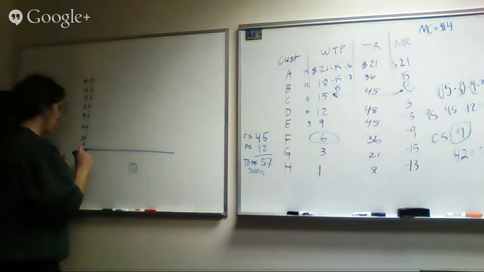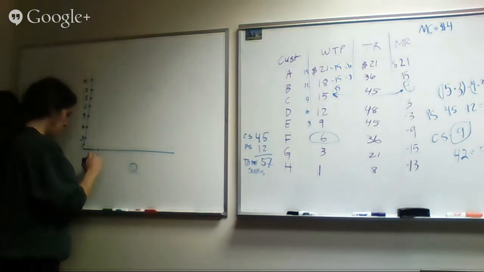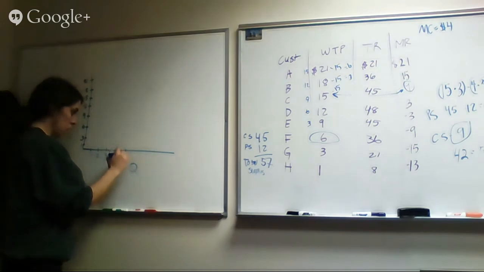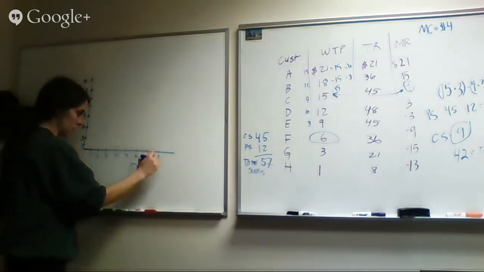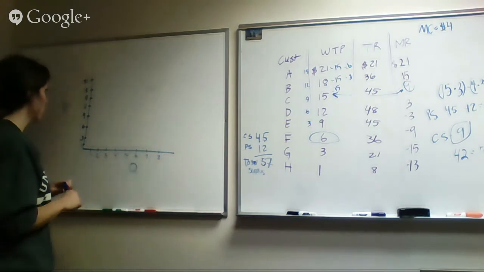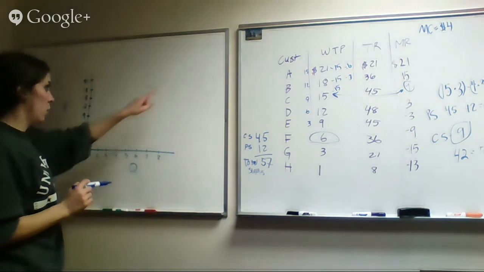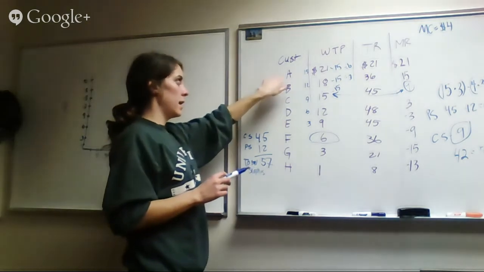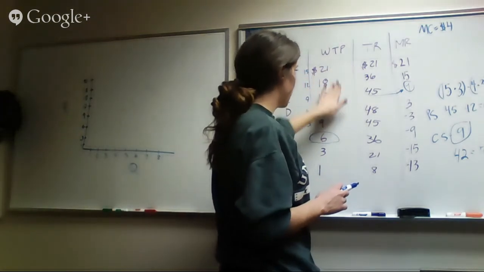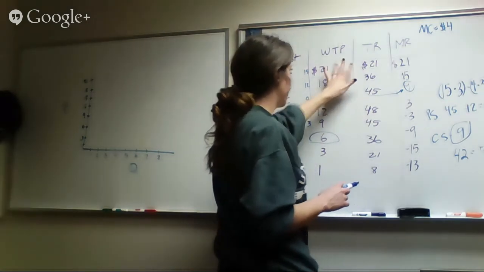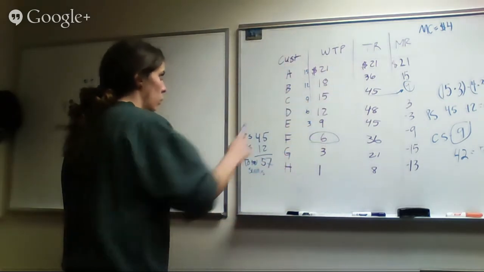And then we've got 1, 2, 3, 4, 6, 7, 8. If the cost were $21, how many people would actually demand a burrito at that cost? One person, right?